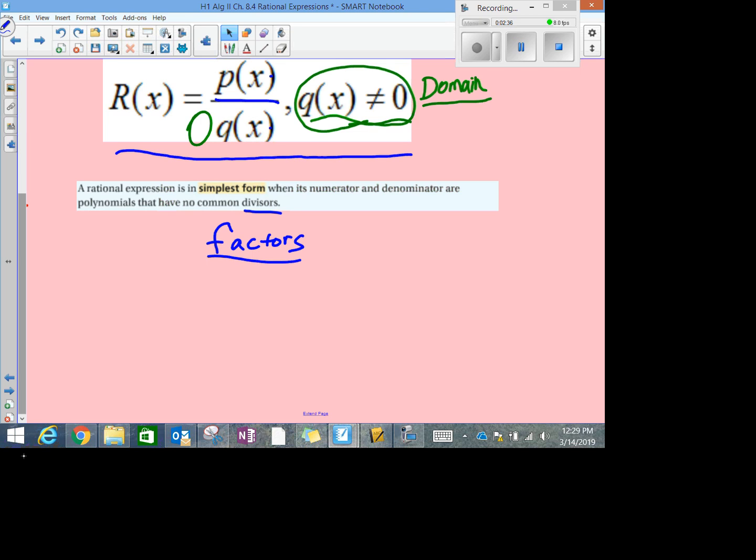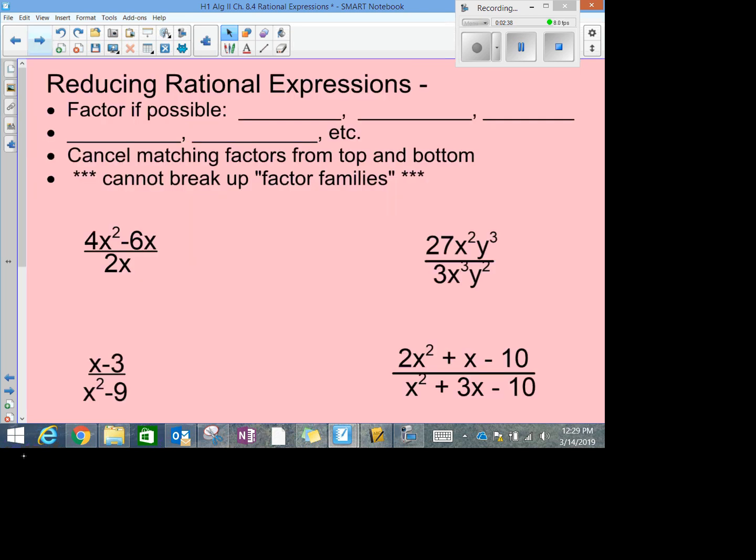First, we're going to talk about reducing rational expressions, and the first step is factoring. That's one reason we jumped to this chapter right now: we just factored in chapters 4 and 5, so we're going to use it.